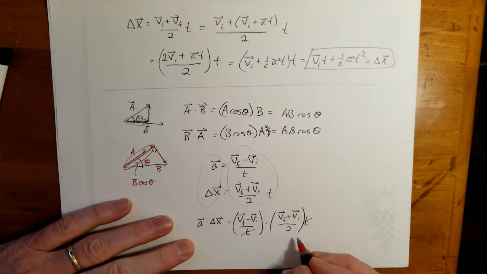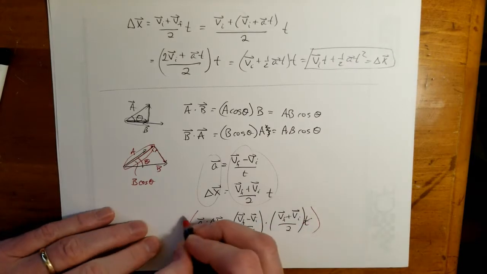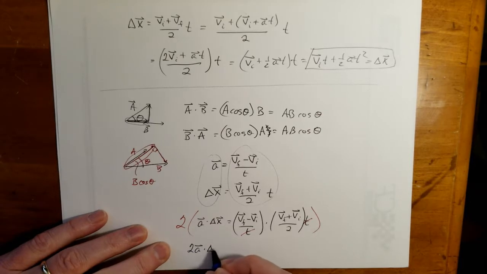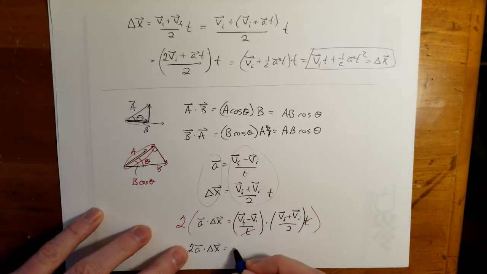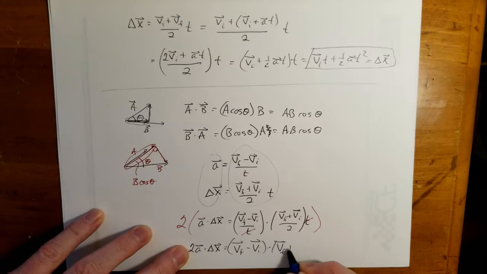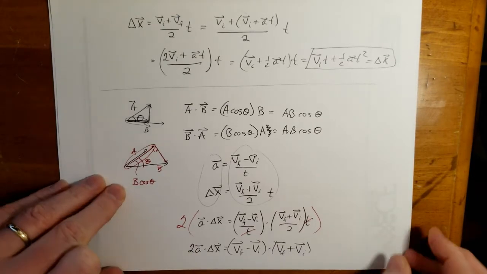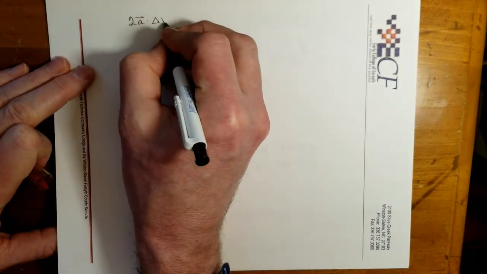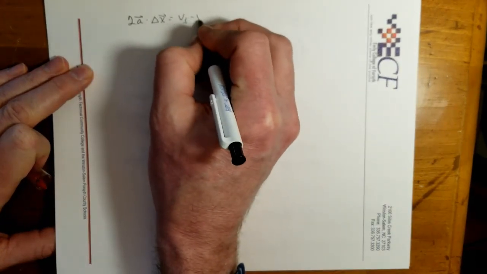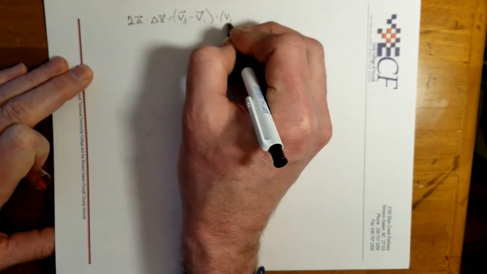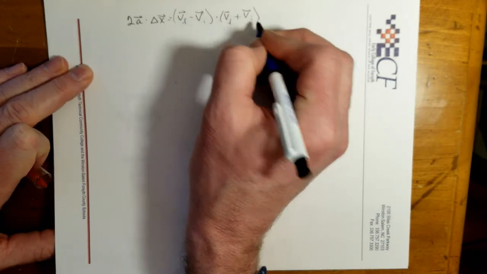The 2, I'm going to just multiply both sides by 2. And what I'm left with is 2A dot delta X. And then I'm left with VF minus VI dot VF plus VI. So just rewriting what I had, delta X equals VF minus VI dot product VF plus VI.